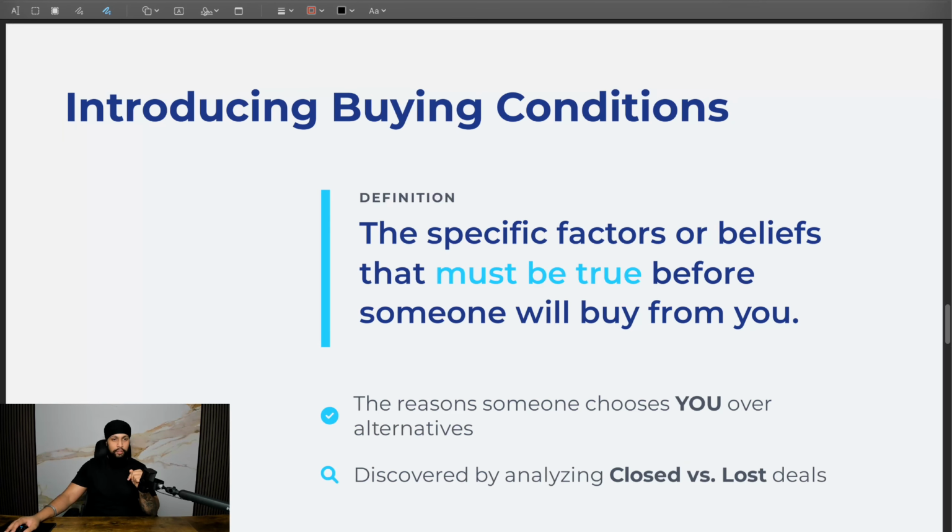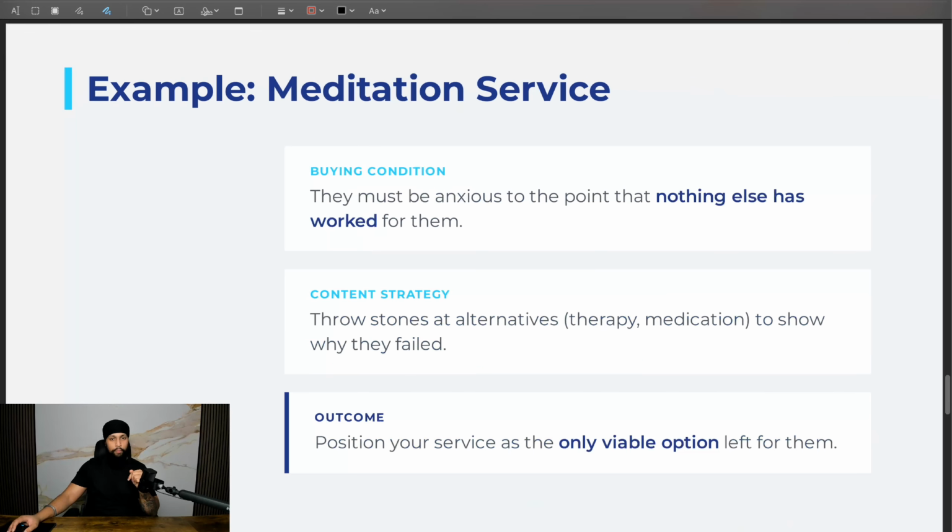Okay, so to give you an example of this, right? If you analyze your call transcripts and you evaluate the differences between the ones who closed and the ones who didn't close, and you discover that one of the conditions that must be true in order for them to purchase your meditation service is that they already must be anxious to the point that nothing else has worked for them.